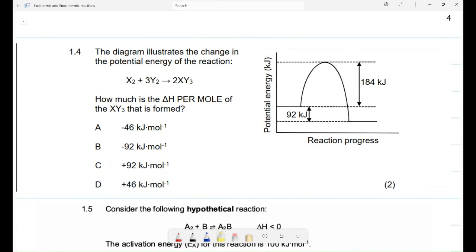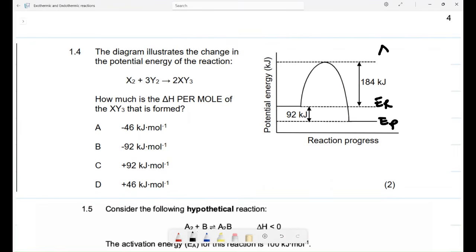So now we want to check. This is the energy of the product, right? We know these are the reactants, the energy of the reactant. This is the energy of the product. Can you see this is a graph of an exothermic reaction?